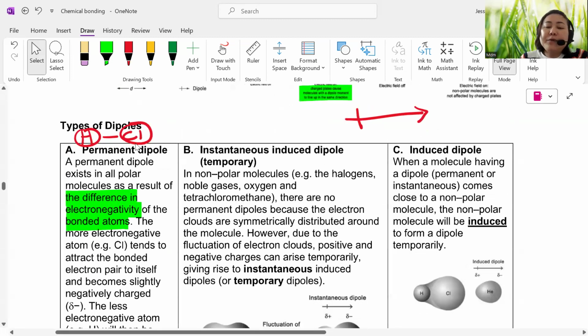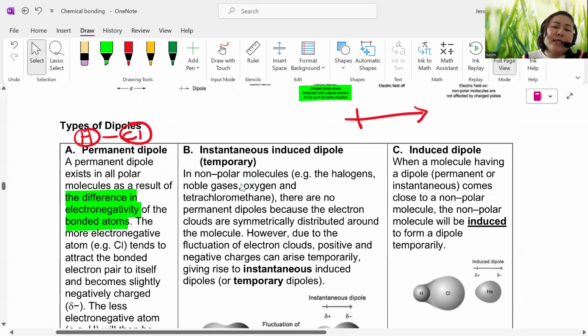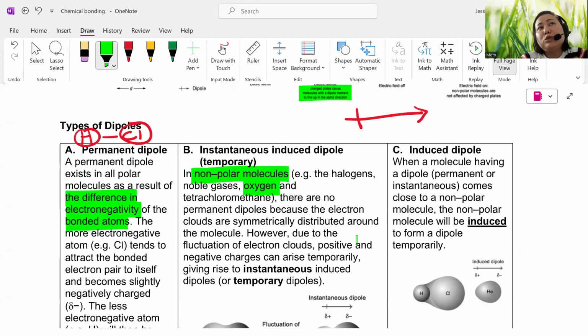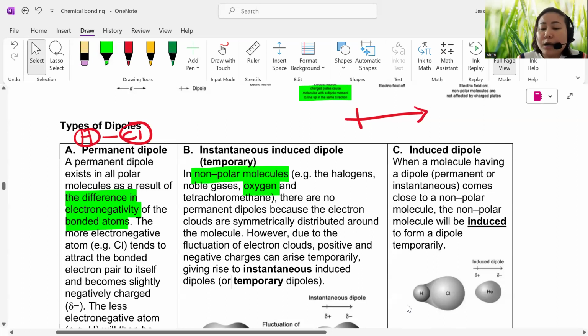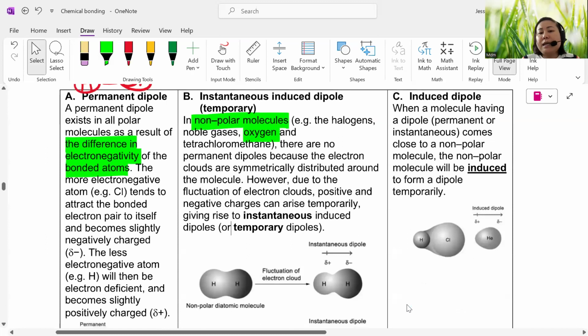Now, a temporary dipole, or what we call an instantaneous induced dipole, could be present in nonpolar molecules. In nonpolar molecules, for example O2, H2, N2, there are no permanent dipoles present because there's no electronegativity difference, and the electron cloud distributions are equal. However, because they are in the environment, there could be sudden fluctuation of the electron cloud.